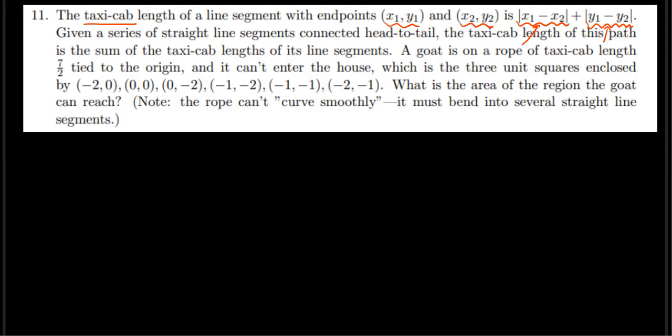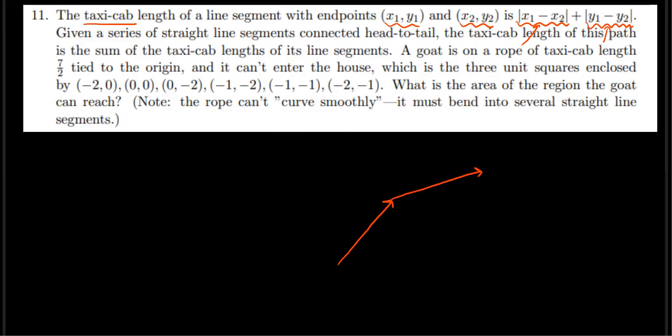Given a series of straight line segments connected head to tail, the taxicab length of this path is the sum of the taxicab lengths of its line segments. That means what they are trying to say is, suppose you have one line segment here, this is another line segment. To explain it, I'm just taking two line segments right now.